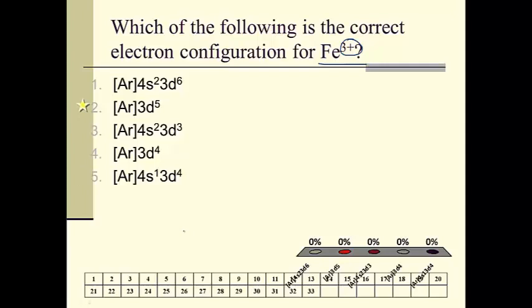This is just normal Fe. When I take out 3, we don't take them out of the 3d6 first. We first remove them from the 4s, and then you remove any extras that you need from the 3d. So get rid of those and remove one more, and you end up with simply 3d5.